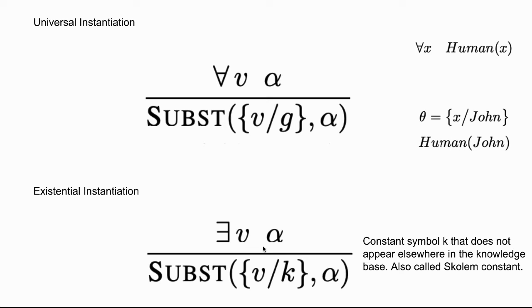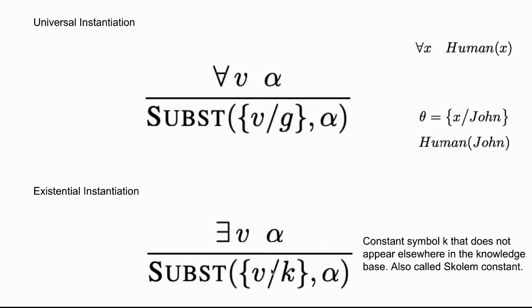So what you have to do is replace v by a symbol k, but the trick is that the symbol k should not appear elsewhere in your knowledge base. So k has to be different from any other object or anything else that exists in your current database, and that will differentiate it from everything else.